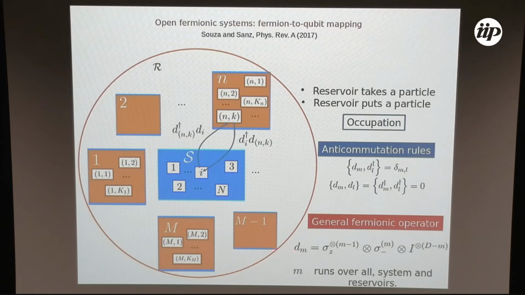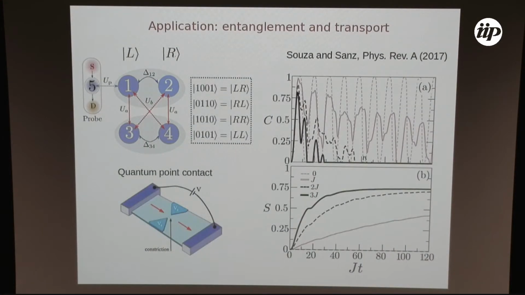We write, let's say, this d_m operator is the annihilation operator of state m in this system. It can be expanded in a very general way in terms of Pauli matrices. When you do that, we end up with a formalism that allows you to describe a system like this.